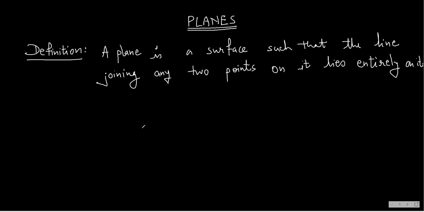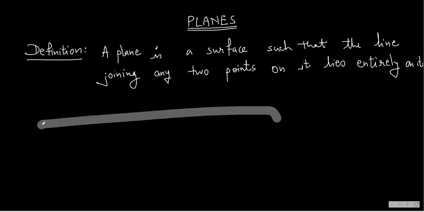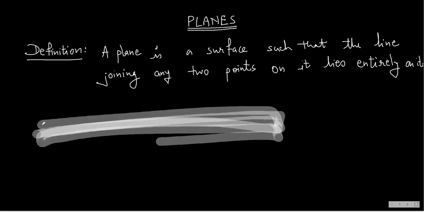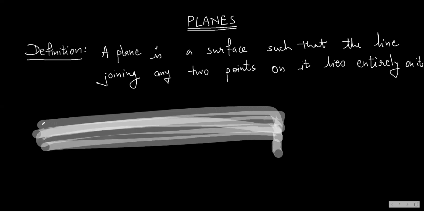Suppose right now you see the screen. On this screen, this is a surface, right? The screen is a surface. See, I'm moving the pen on the surface.